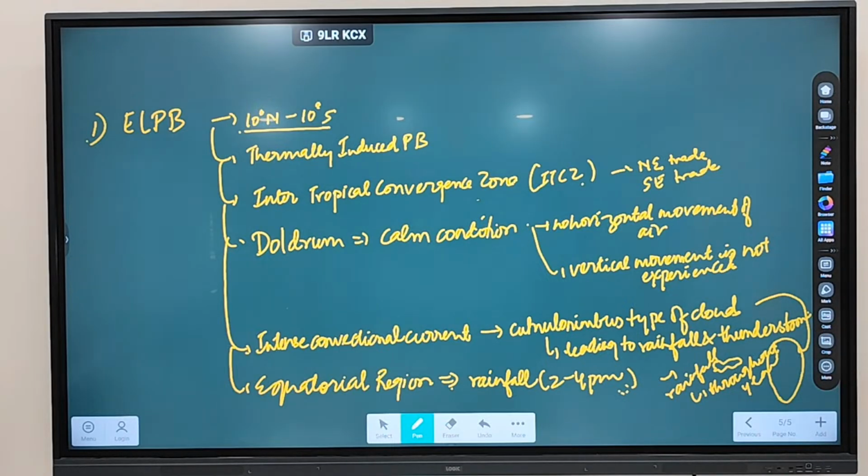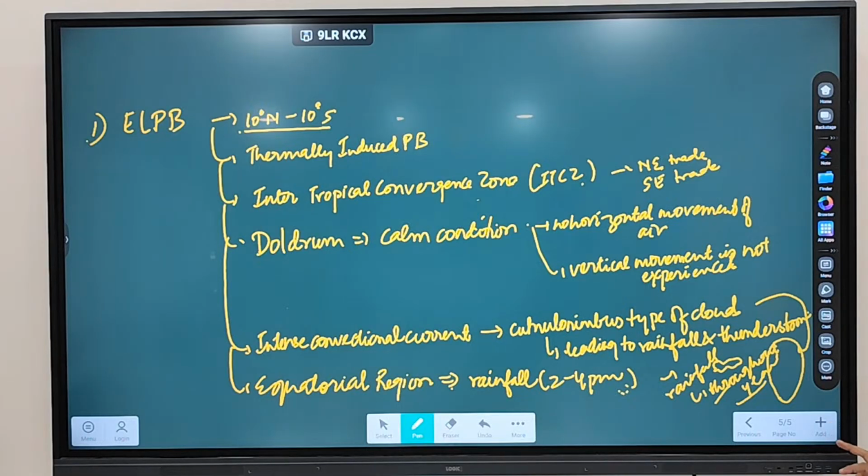Doldrum conditions, calm conditions, are there because there is no horizontal movement of air, only vertical movement. Intense convectional currents lead to formation of cumulonimbus clouds, and you will see frequent rainfall in the afternoon around 2 to 4 pm, and rainfall happens throughout the year. It is not concentrated as in the case of India. Fine.